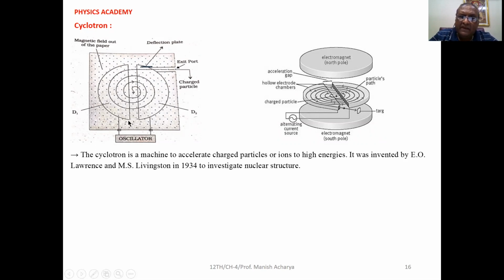So when across these two Ds the oscillator, meaning the AC source, is connected, then continuously the Ds become positive, negative, positive, negative, positive, negative. And here the frequency of the oscillator is kept exactly equal to the frequency of revolution of this charged particle.